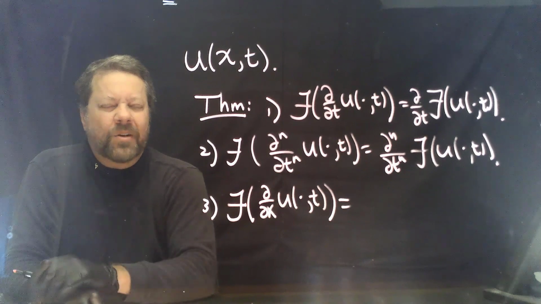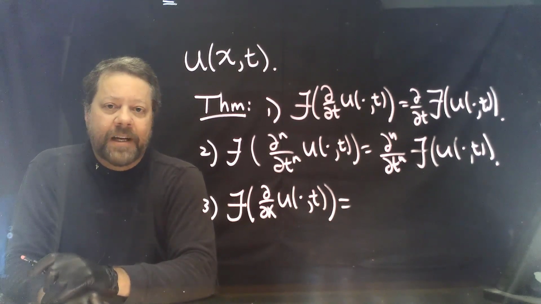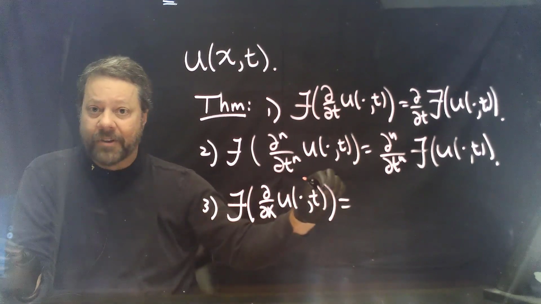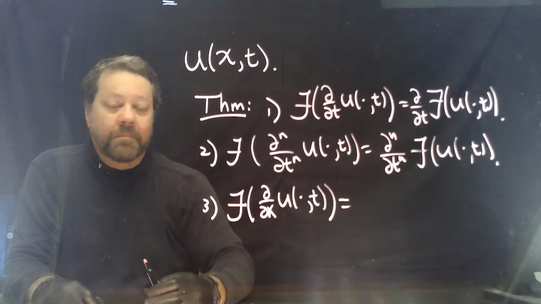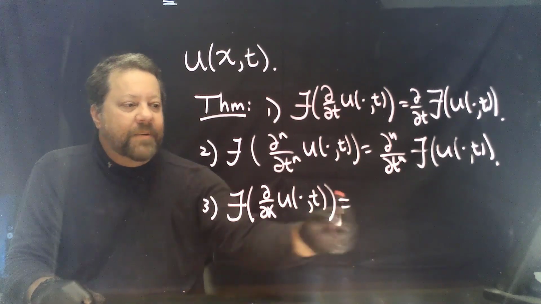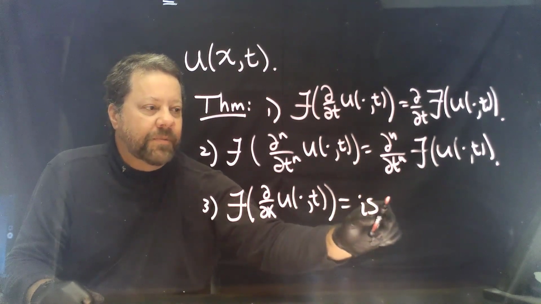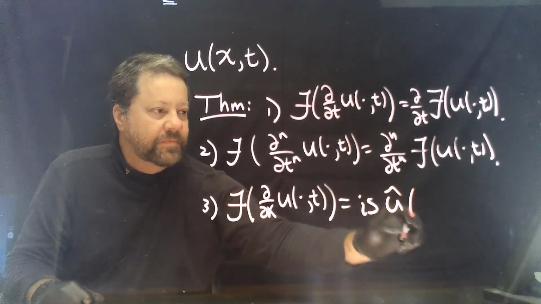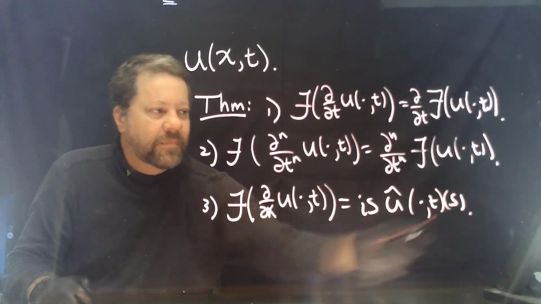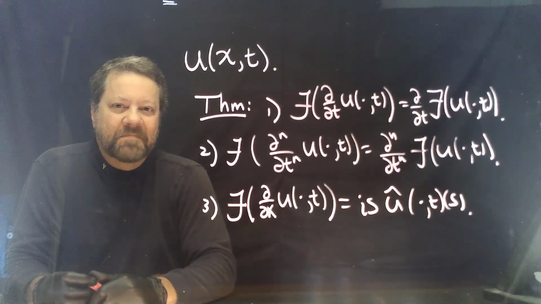And the answer is almost, except in this case we're integrating from minus infinity to infinity, and assuming that the function is integrable, it has to die out and go to 0 at the endpoints at negative infinity and infinity. Which means that we get i times s times the Fourier transform of u, which is now a function of s as well as t.